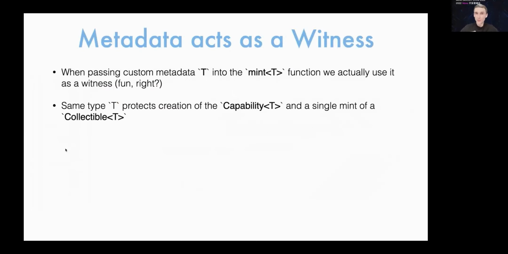So when we pass any object, actually, of type T, if we constrain it, we use it as a witness. It does not necessarily have to have droppability, and it doesn't have to be empty. Whenever you create a container for a generic type T and you pass this T, what you actually do is you use this T as a witness. So a witness doesn't have to be an empty struct.